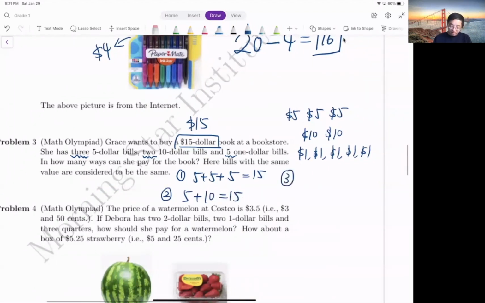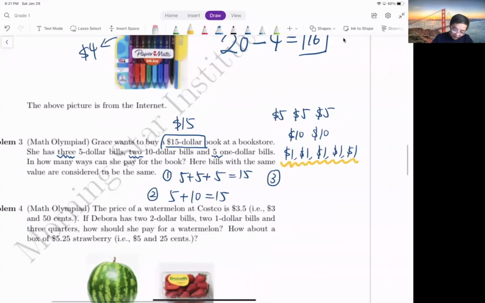And the third way: do we have other ways? Sure. Because look, here I have 5 $1 bills. If I combine them together, 5 $1 bills is $5, right? So I can do 5 plus 5, and then plus 1, plus 1, plus 1, plus 1, plus 1.